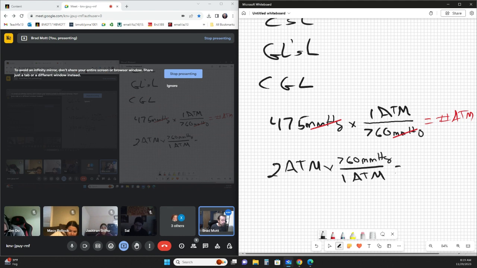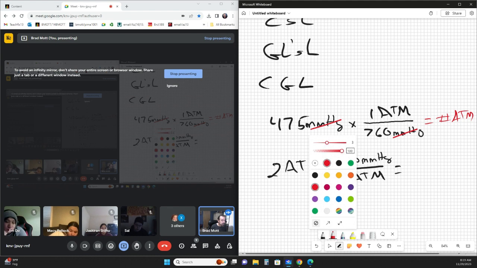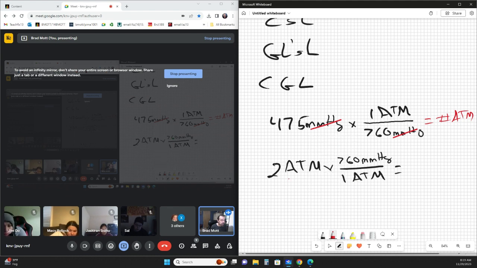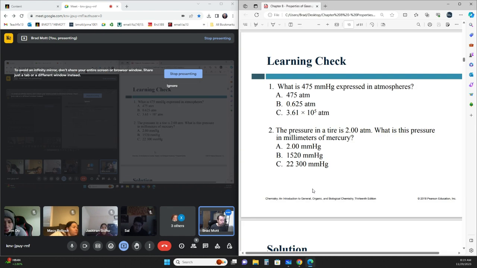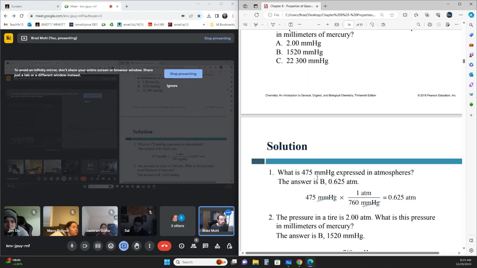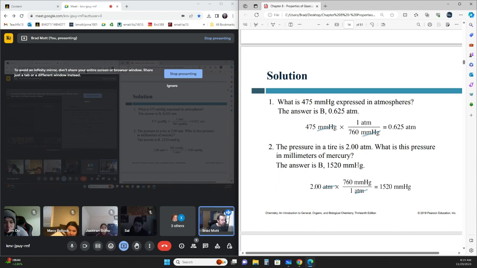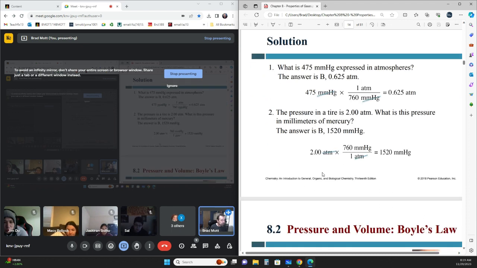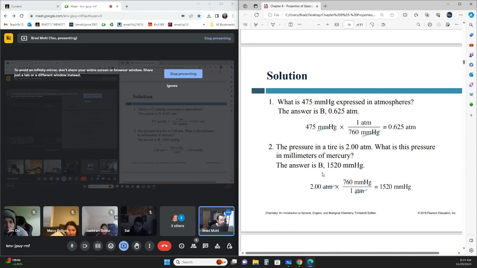Let's make sure that we did this correctly. Atmospheres cross out, leaving us with millimeters of mercury, and that will give us our answer in millimeters of mercury. 0.625 and 1,520 in both cases there.